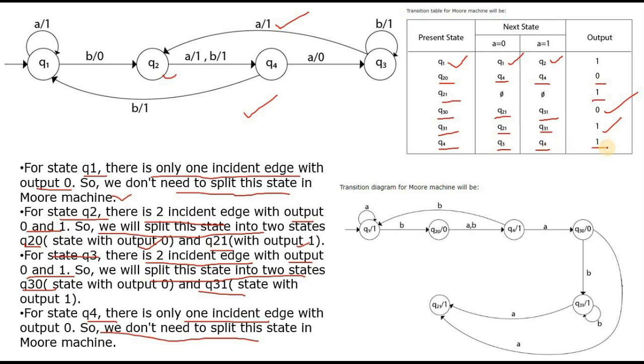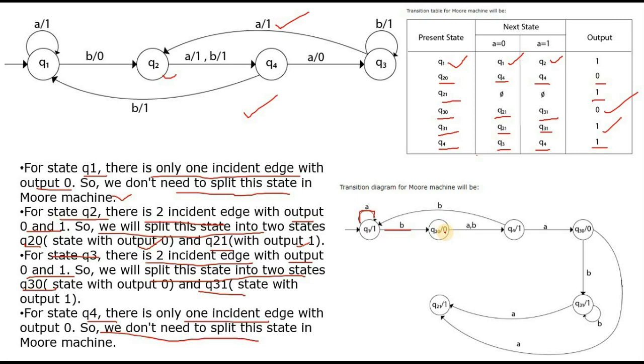The same table is represented here. Look at this figure. So Q1 output is 1. A goes like this, and B is the input, but the output is 0. That's why I have represented Q2 0. Okay, output.